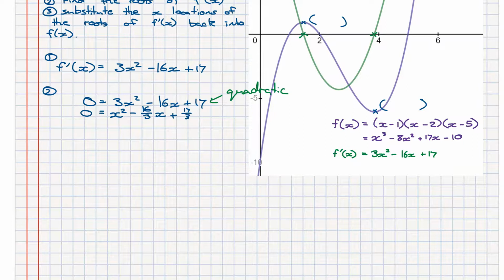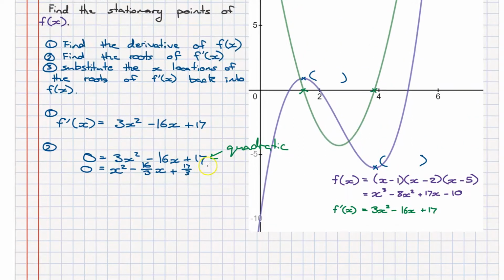Awesome. Now, observing this function, we can deduce two things. Firstly, because we're already given a graph and we can see that the function does cut the x-axis, we know we're expecting some real solutions or real roots.